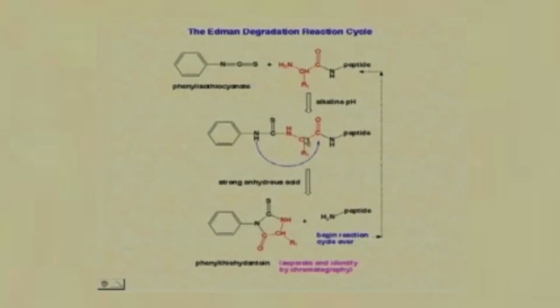So we have a phenylthiocarbamyl derivative; you see this CS, this H, we have a linkage here, a CN bond formation. This CN bond formation then, with acid, forms the phenyl thiohydantoin. What is linked here? R1, the first amino acid of your peptide chain.